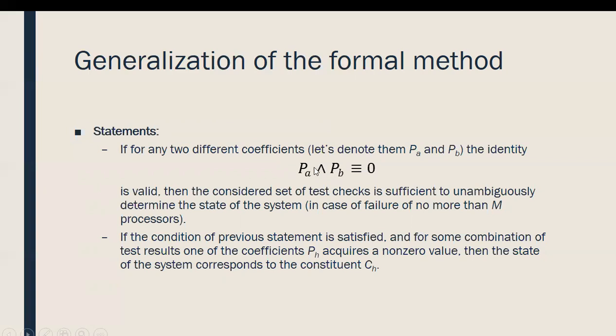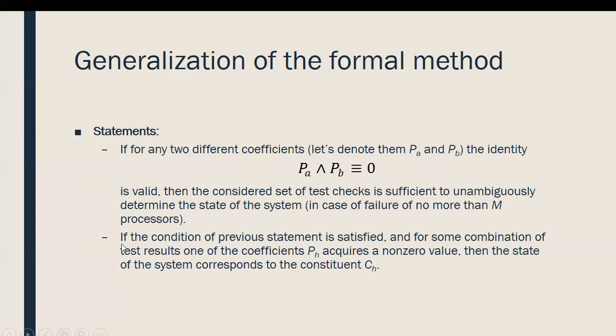So if all these pairs of coefficients always give 0, then this test set is enough to determine the state of the system. We can use this test set to unambiguously determine the state.